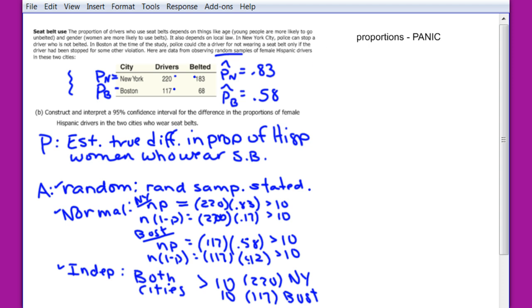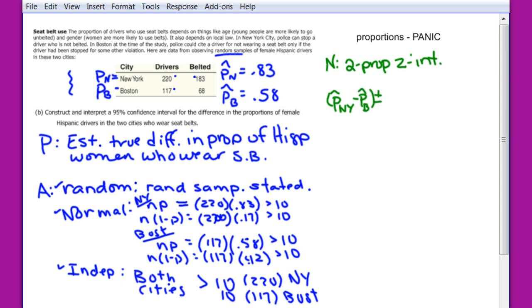So name your interval comes first, and we also name it by formula, because the graders would like to see it in case they don't like what you named it up here. So we will have the sample proportion from New York minus the sample proportion from Boston.